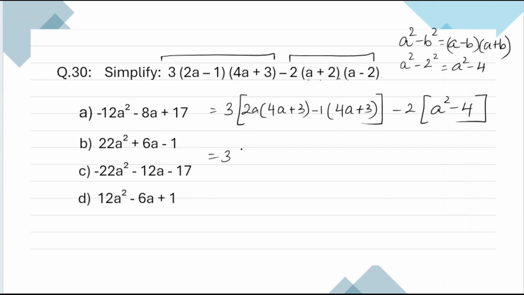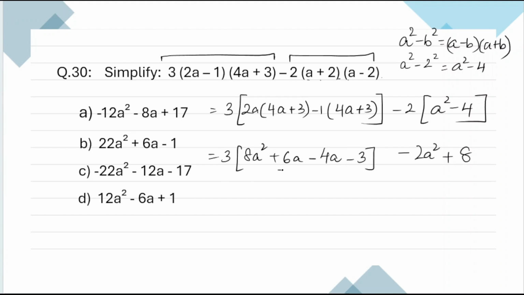Next step, 3. 2a times 4a is 8a square. 2a times 3 is 6a, minus 1 times 4a is negative 4a and negative 1 times 3 is negative 3. Minus 2 times a square is 2a square, negative 2 times negative 4 is plus 8.